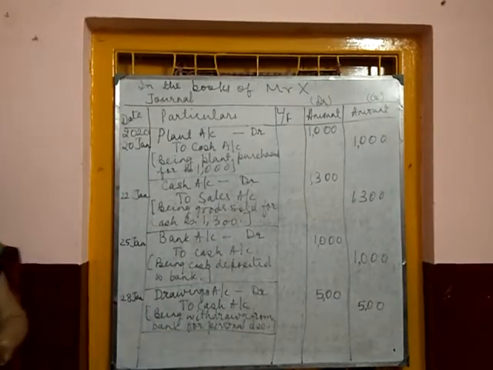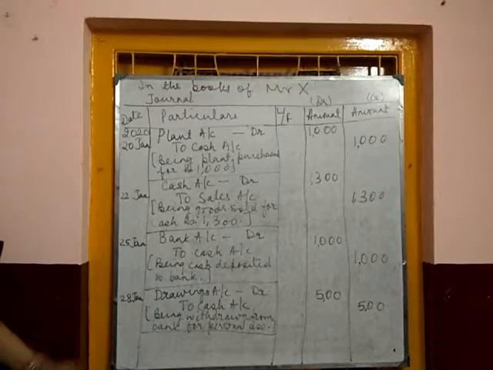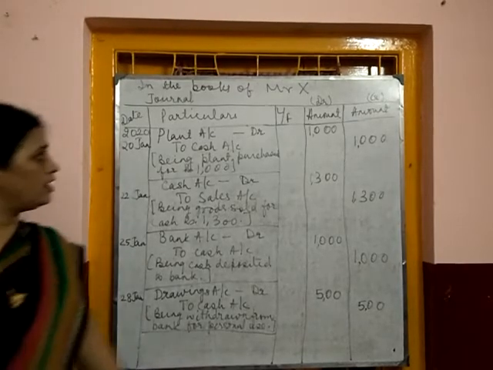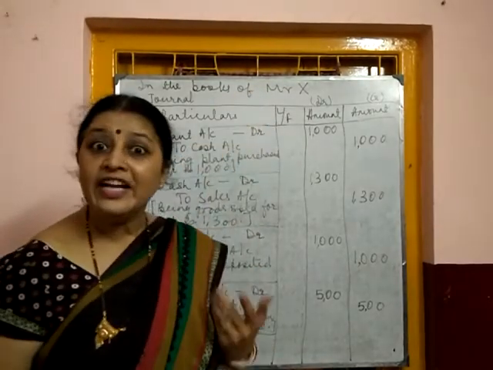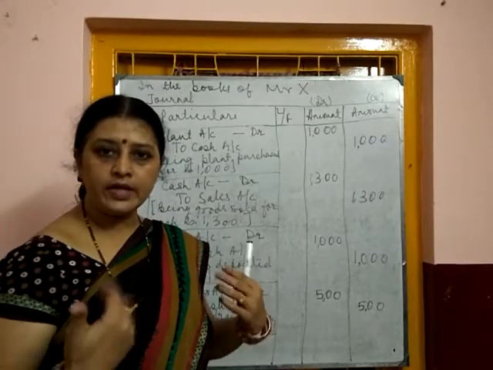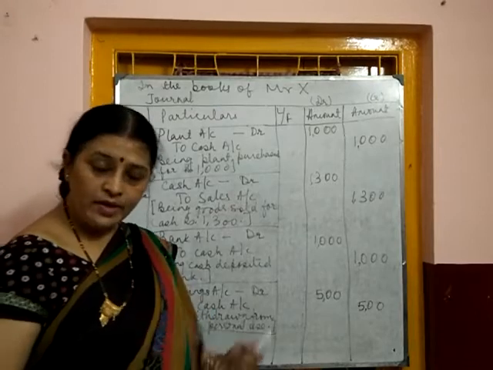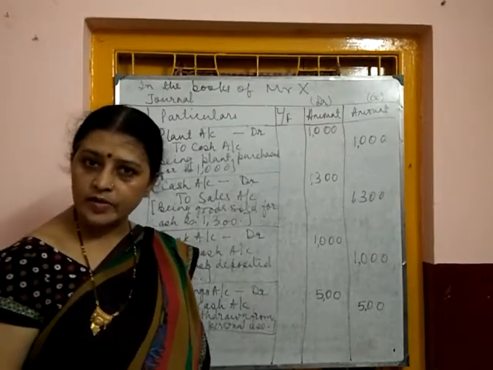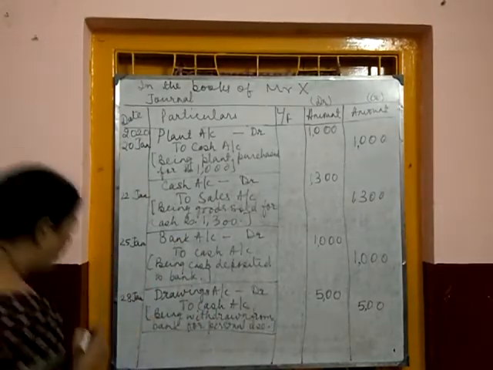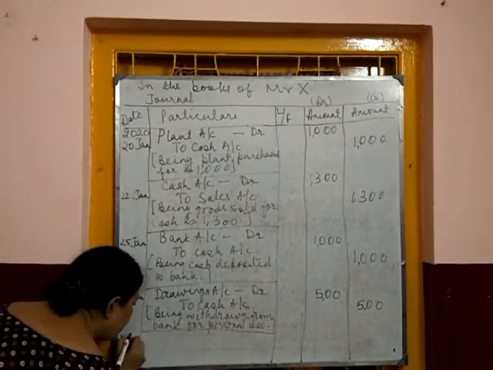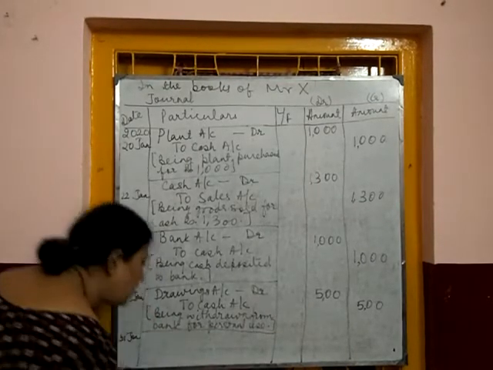Okay. Now see, on the last day, on 31st January, Mr. X is receiving interest. So, what is coming in the business? Cash is coming in the business. So, on 31st January, what we will write?